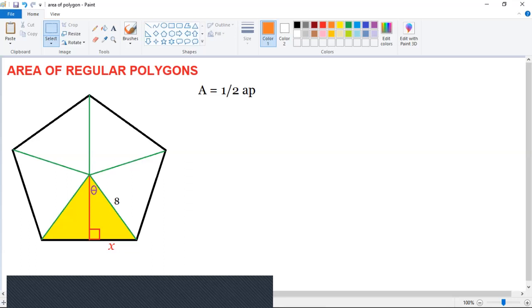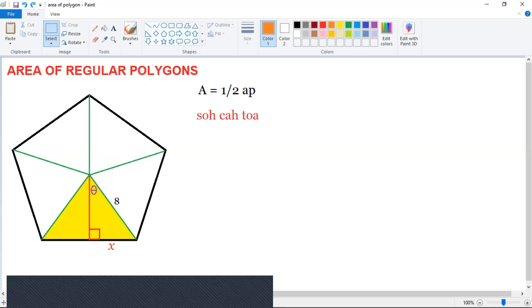Now, we notice that there is a right triangle that is formed by the apothem. If we are only given one side of the right triangle, we can use the trigonometric functions sine, cosine, or tangent. So we need the angle measure of this angle. How do we do that? The whole circle has 360 degrees.